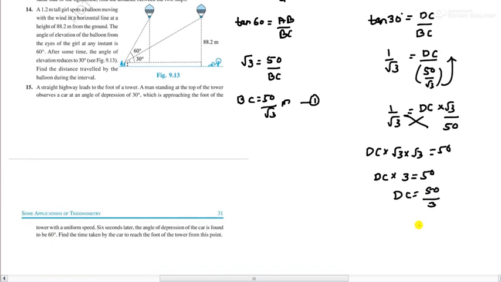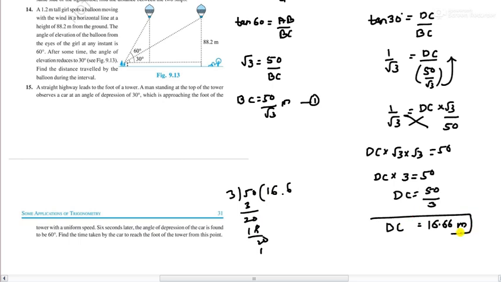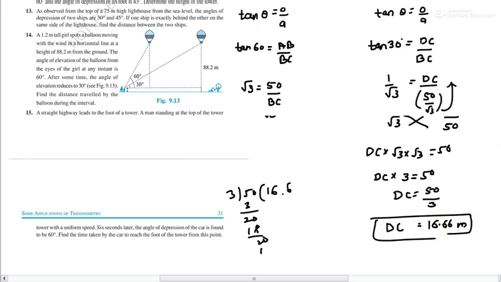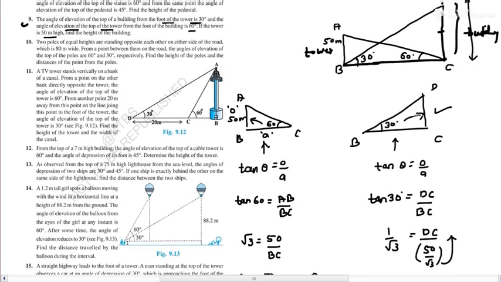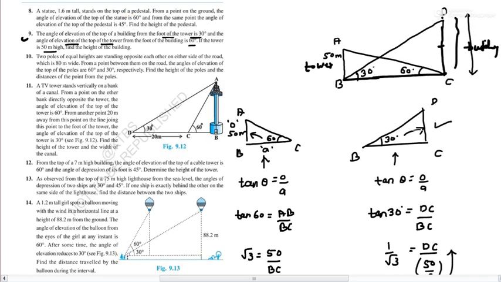Even if you leave this much, you'll get the answer, or you can divide it 50 by 3. So 3 ones are 3, 2 0, 3 6 are 18, again 2 0, 3 6 are 18. So you'll get 16.66 meter. And what is that? That is DC, right? And DC is the height of the building.